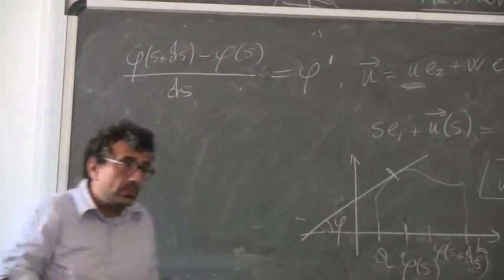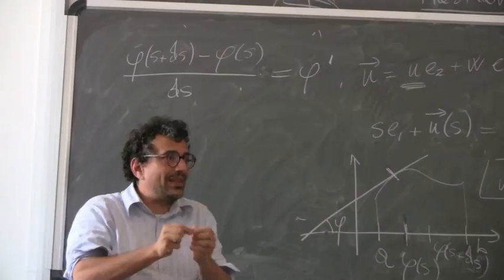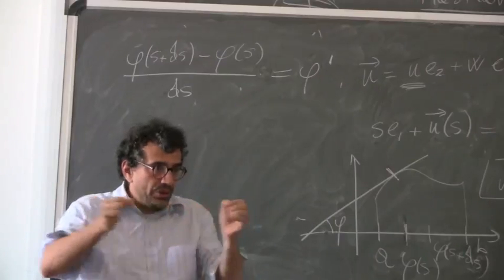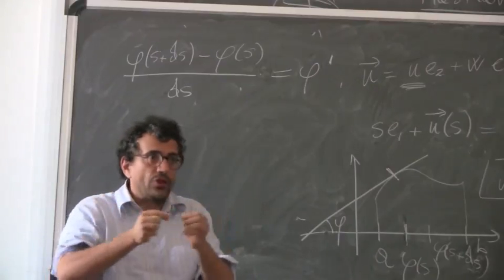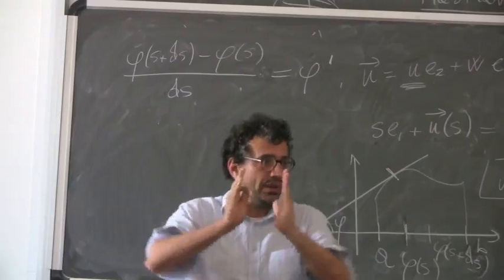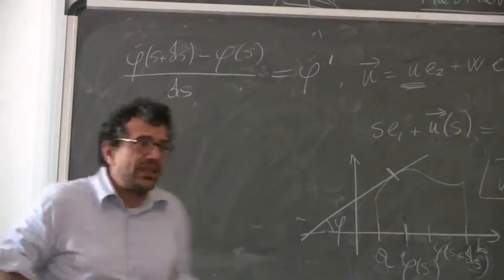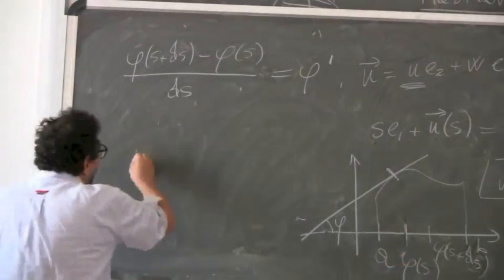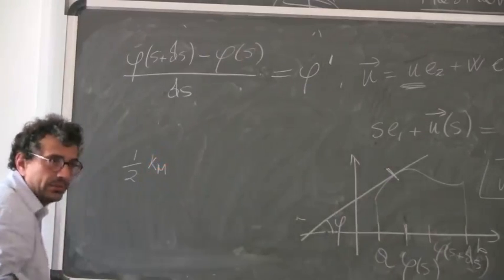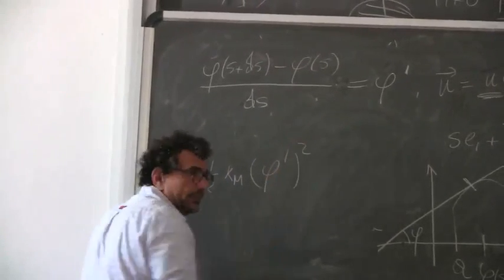So, imagine having a generalized spring. Instead of a spring which is deformed because of elongation, you have a spring which is deformed by bending. It is a good conjecture to say that the deformation energy is one half bending stiffness Kb times phi prime squared.